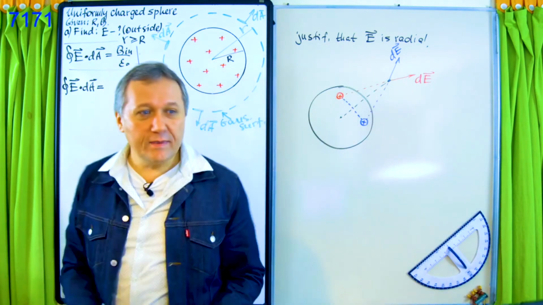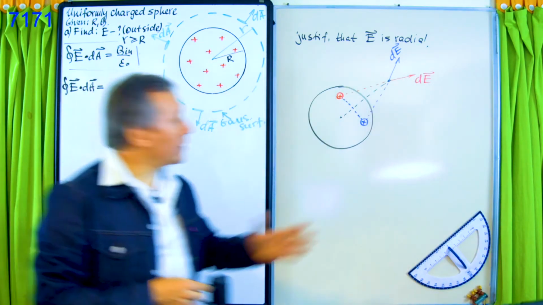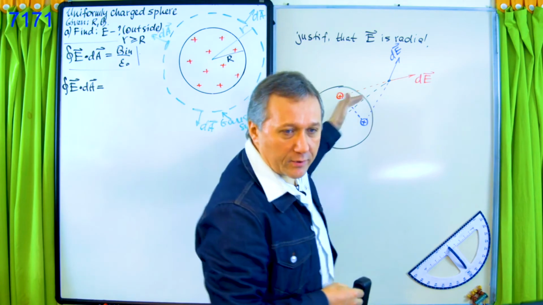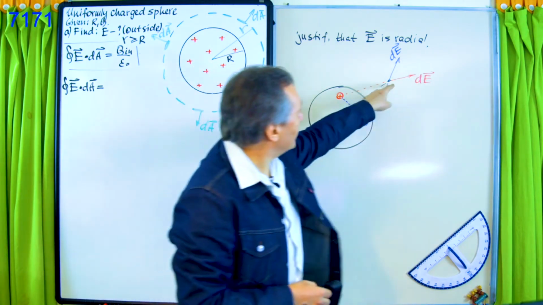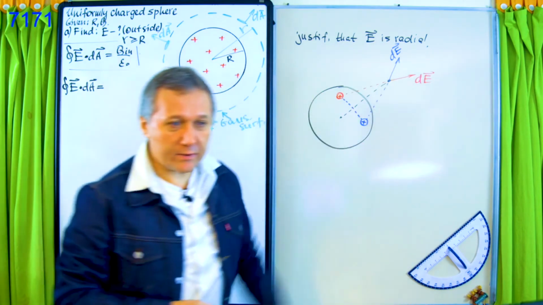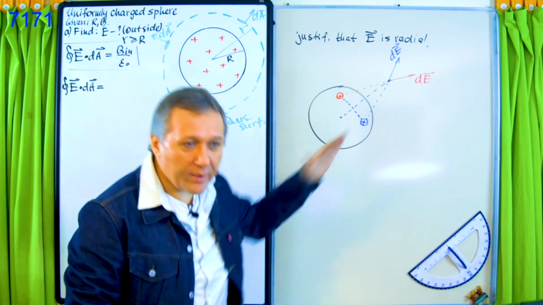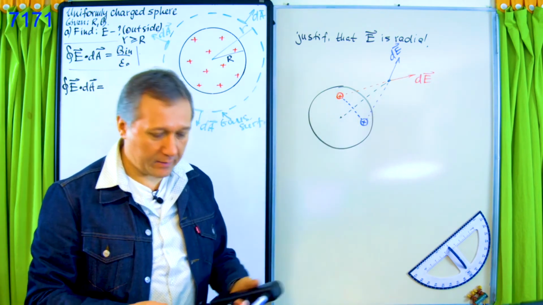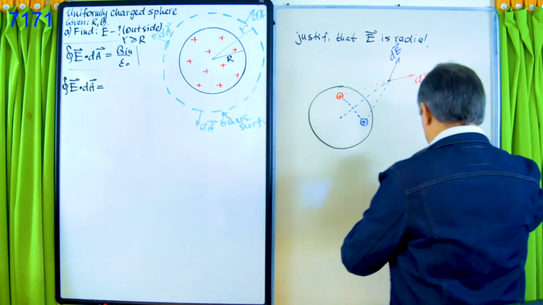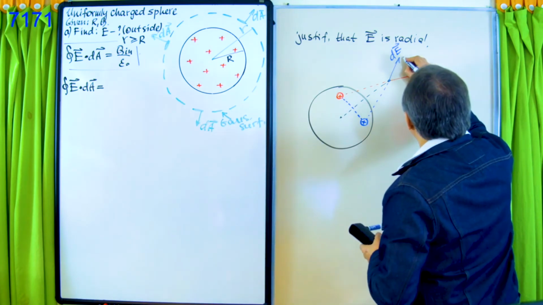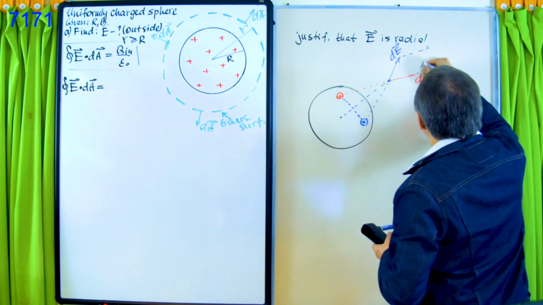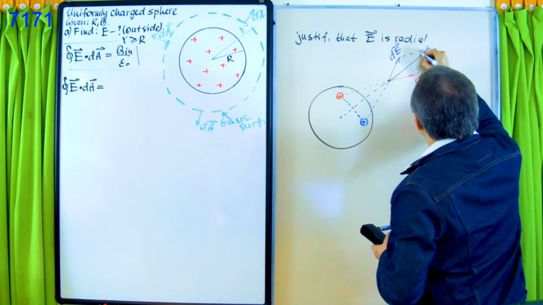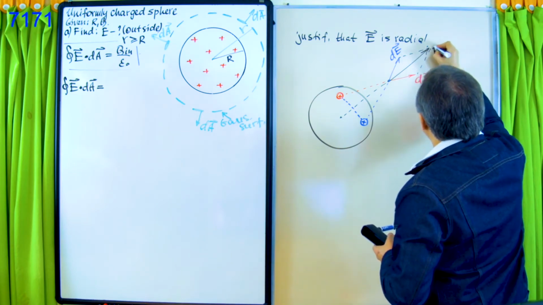So now let's add them up. Of course, you have to decompose along the tangential direction and the radial direction. And you see, the tangential components will cancel each other, and only the radial component will survive. If you add them up, this will be the net electric field.